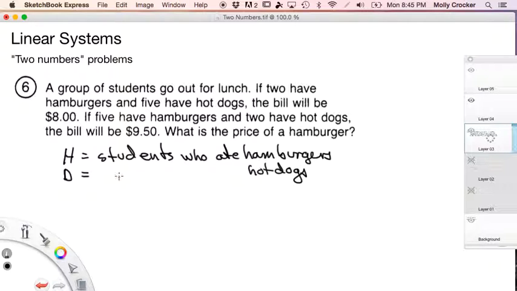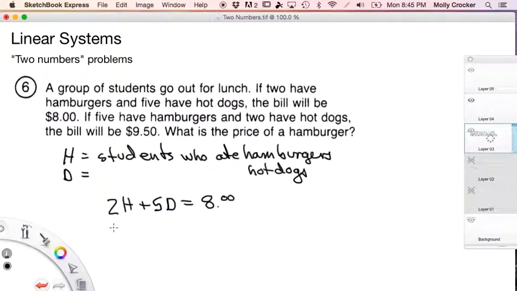Okay. Now that we've got our labels, we can go back and read for equations. If 2 have hamburgers, well that's 2H, and 5 have hot dogs, so 2 hamburgers and 5 hot dogs will be $8. That's 8. And we can go ahead and put it in dollars if you like.